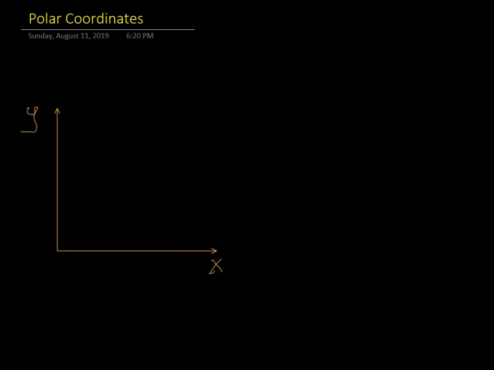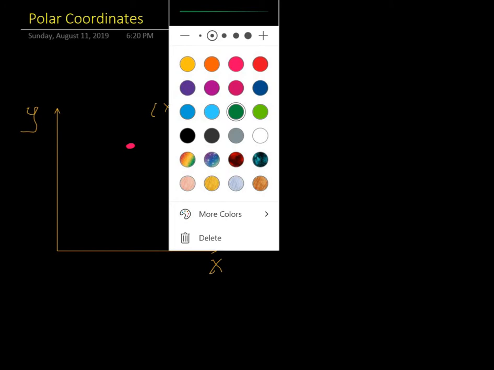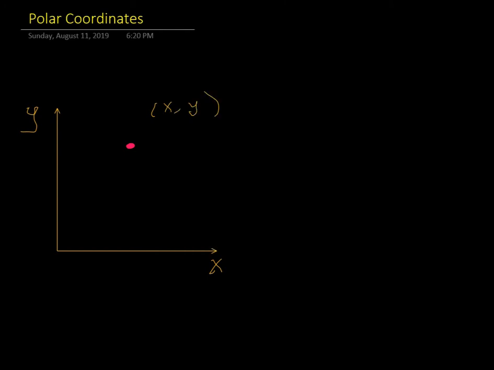So, polar coordinates. Let's suppose we had a point here in the first quadrant, and this point has coordinates, of course, x and y. Another way to identify the location of this point is to look at its distance from the origin, although the symbol r turns out in polar coordinates does not always have to remain positive.